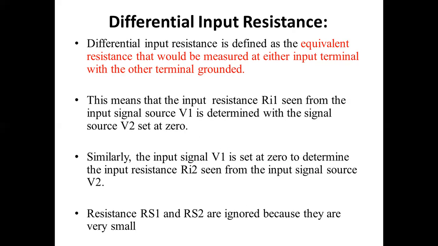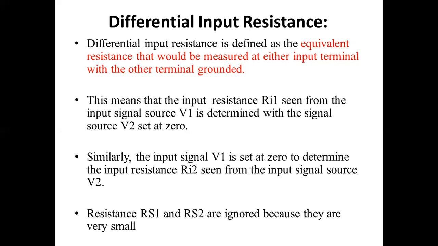For the differential input resistance, as its name suggests, it is measured on the input side, and it is differential because we consider the difference available between the two transistors, and hence it is called the input differential resistance.